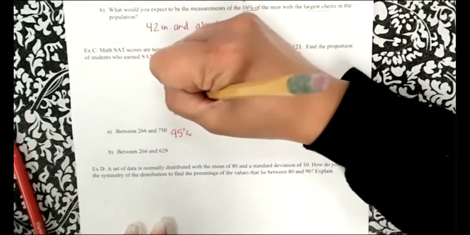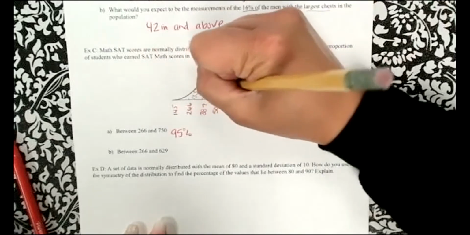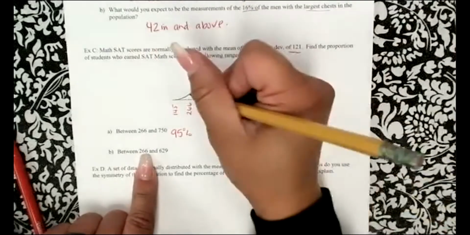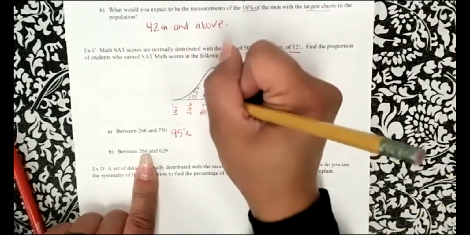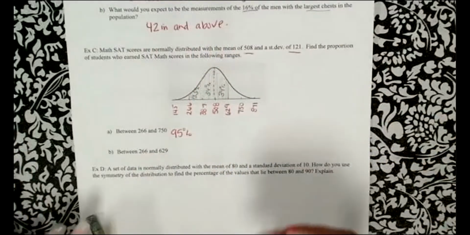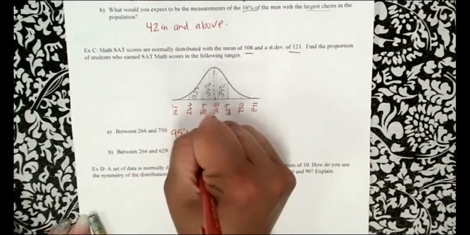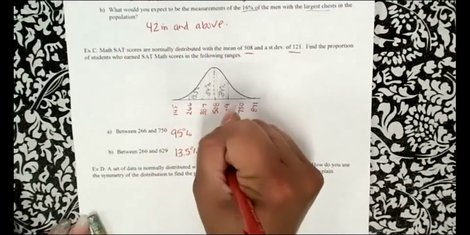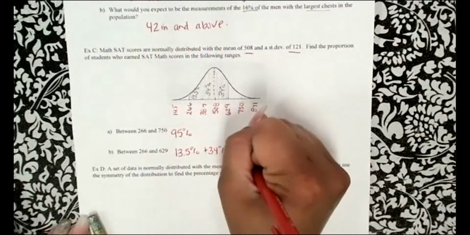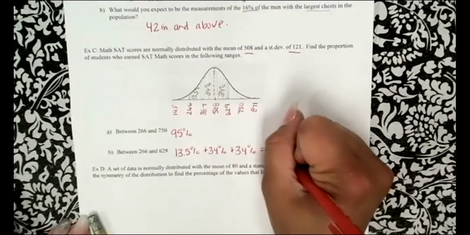This one would be the 13.5%, and this one would be a 34%. Now you're looking from 266 to 629. So you're going to add the 13.5% plus the 34% plus the 34%, which gives us 81.5%.